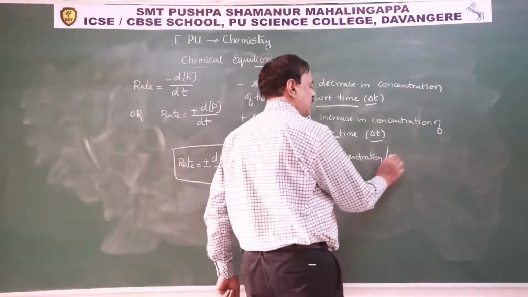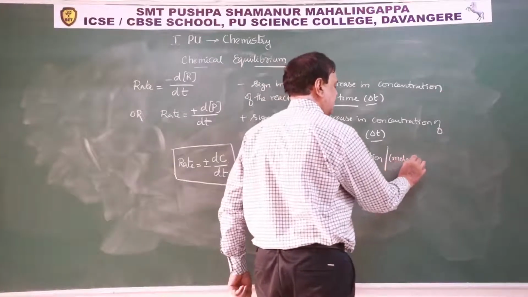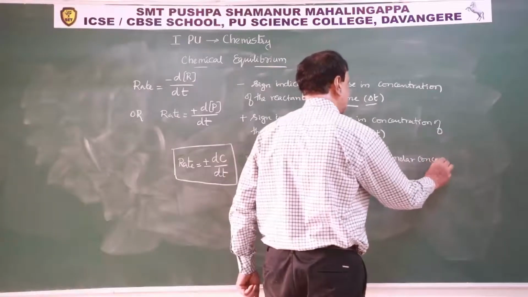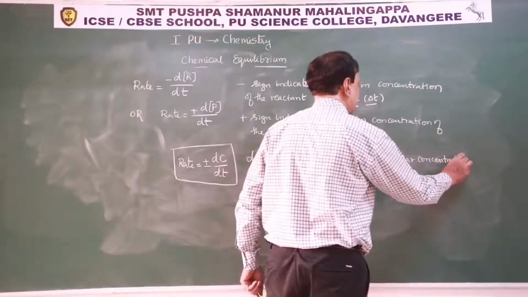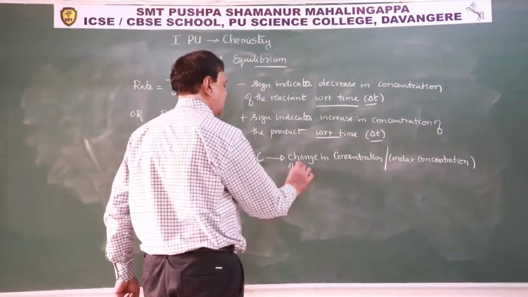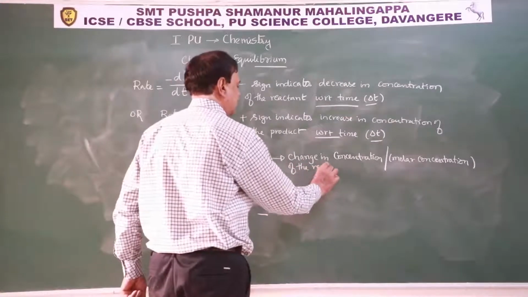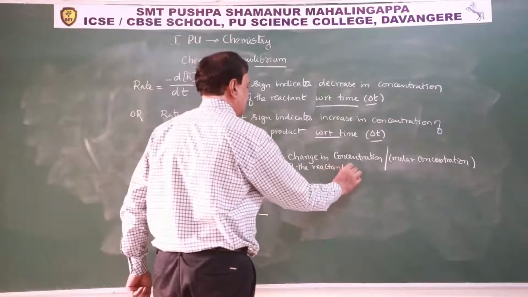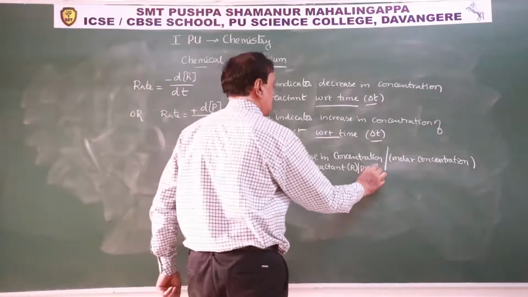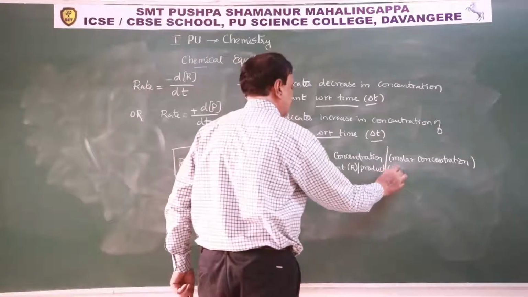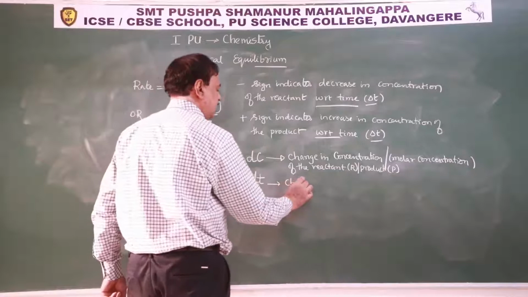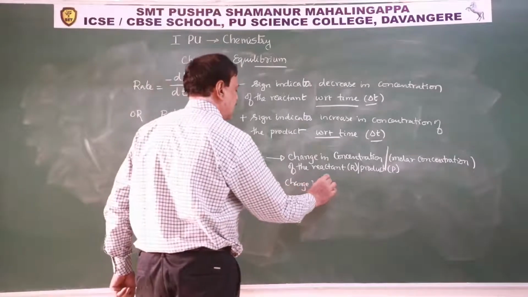Be very particular: this is change in molar concentration, molar concentration of the reactant or product P. dt means change in interval of the time.